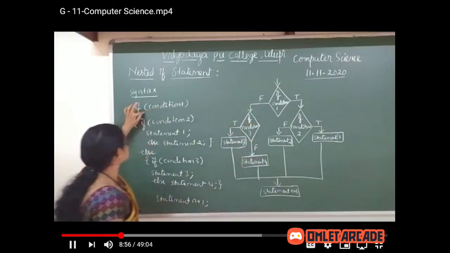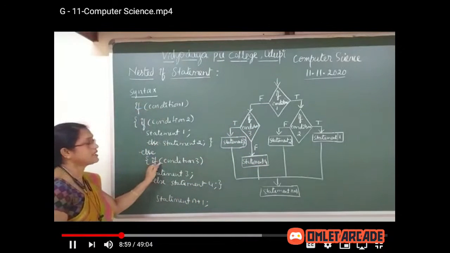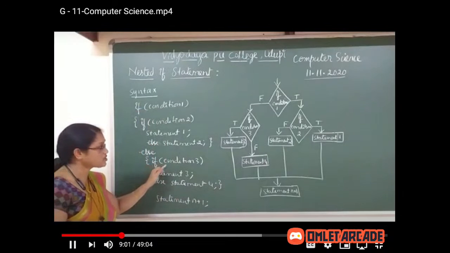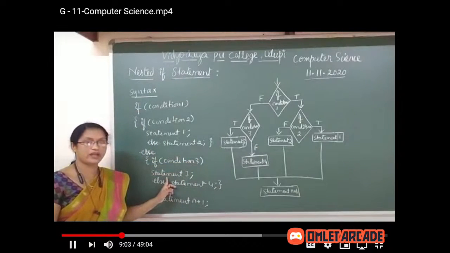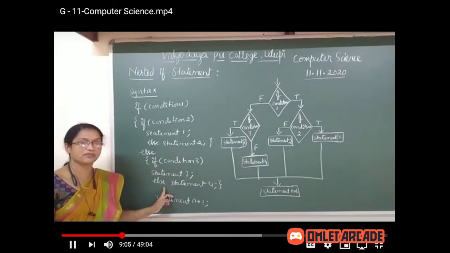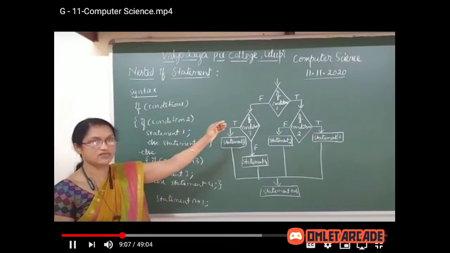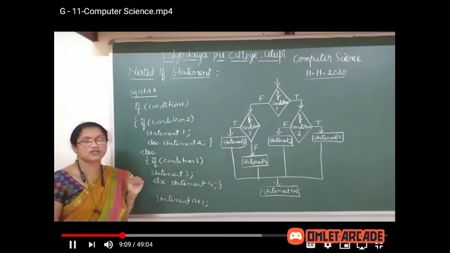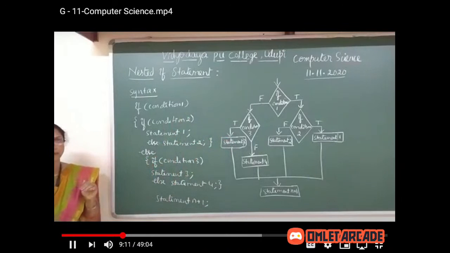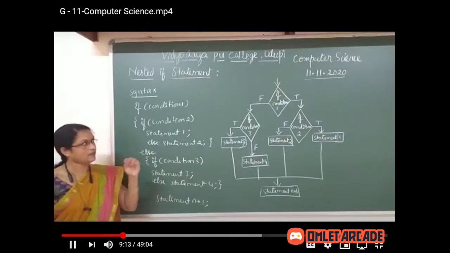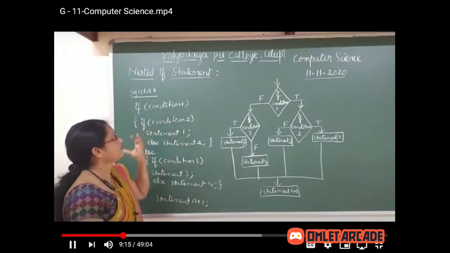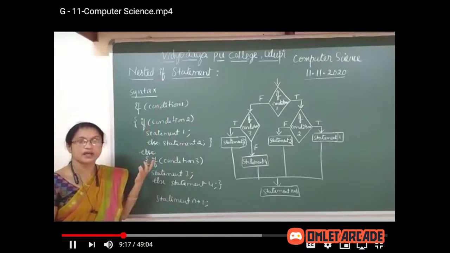And if this is false, then control comes here, it checks the next condition. If it is true, then statement 3. Otherwise, statement 4, meaning if the first condition is false and the third condition is also false, then statement 4. Okay. So this is about nested if statement.